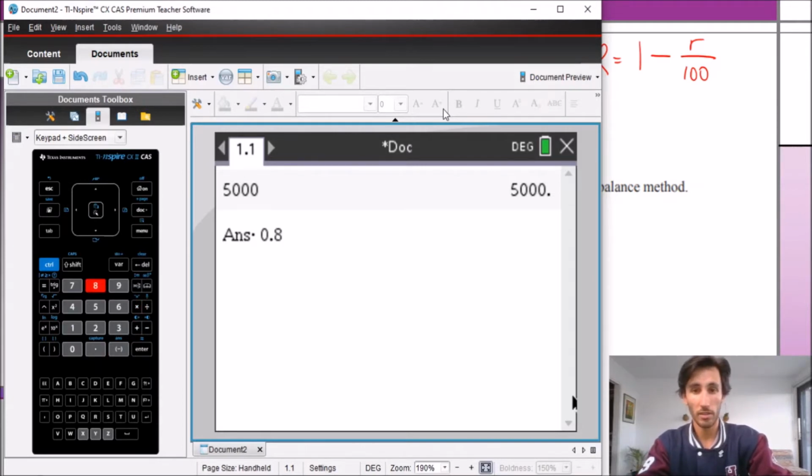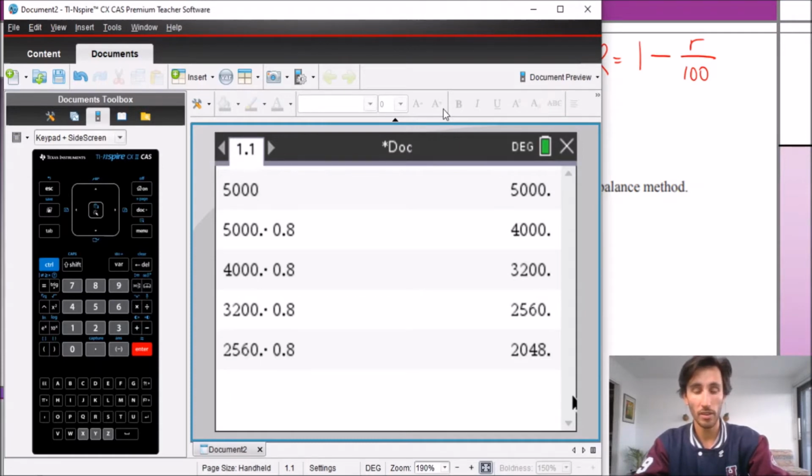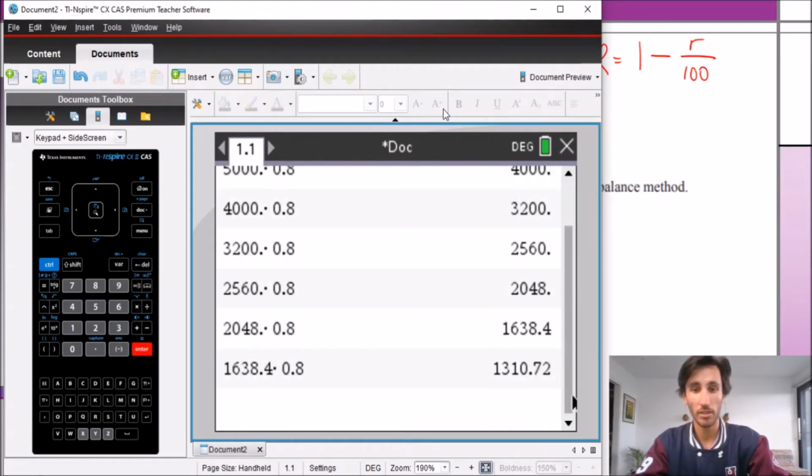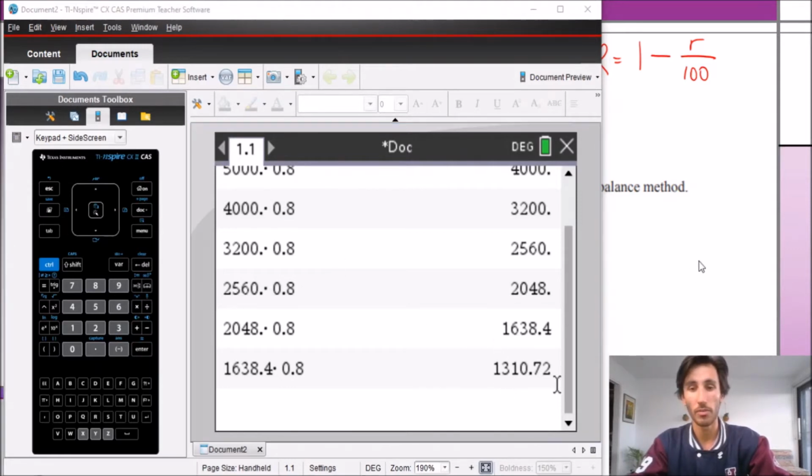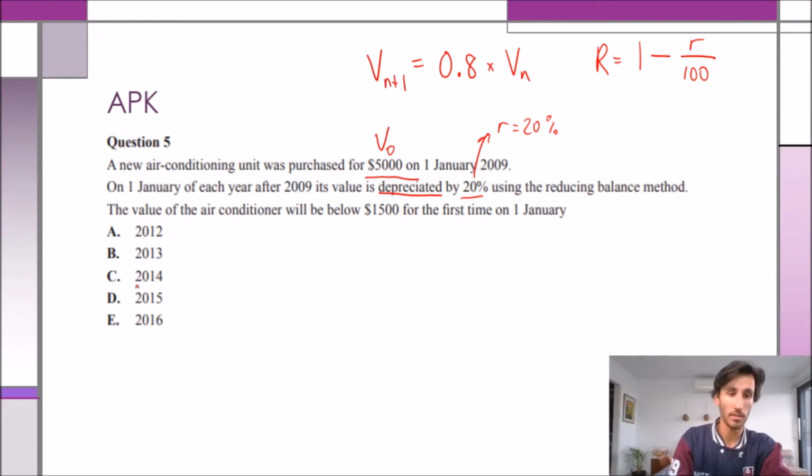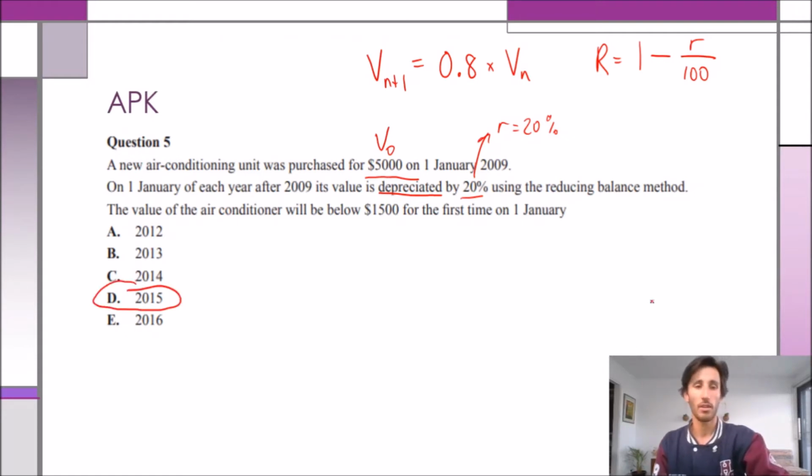So this is going to be 2009 for 5,000, 2010, 2011, 2012, 2013. Oh, we're looking for 1,500. 2014, 2015 is the first time that the value is below 1,500. So we're looking at 2015. The answer is D. So that's how you do those types of questions. If you're not sure about how to do this, please look at the previous lesson.